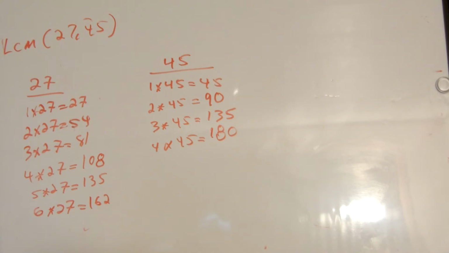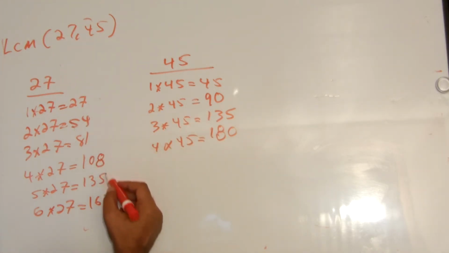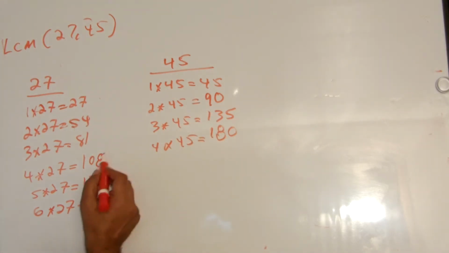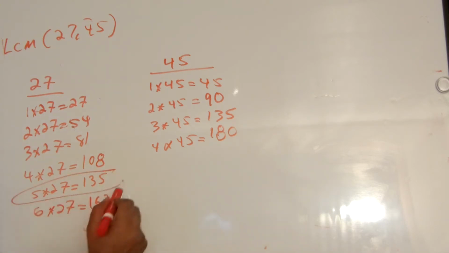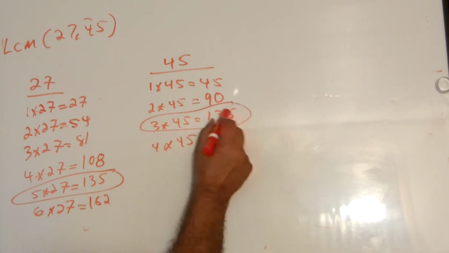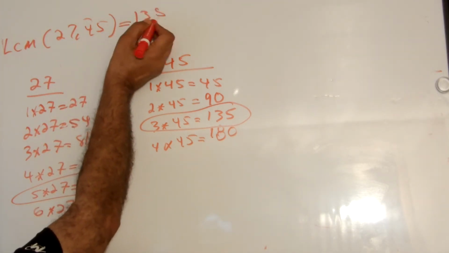See, the least common multiple you find here is 135.